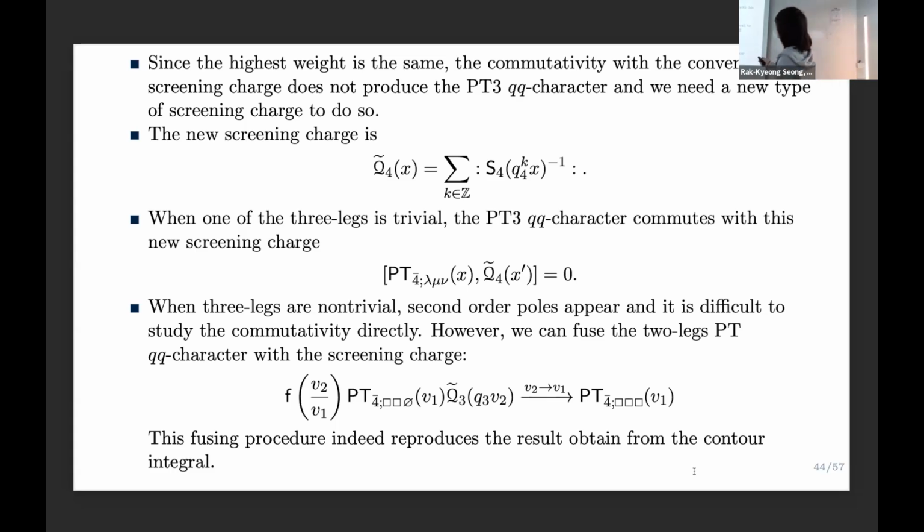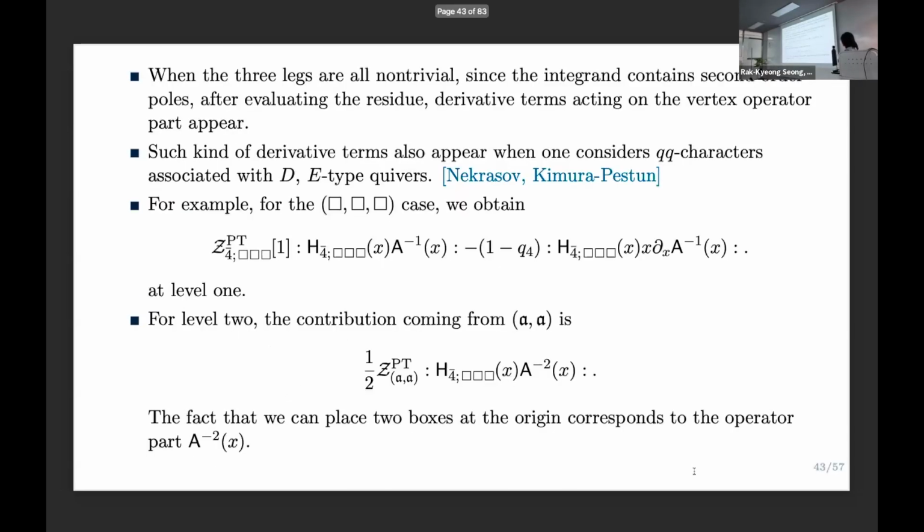So this one we don't know how to directly study the commutativity with. It doesn't commute. You have derivative terms, and we don't know how to organize all of these derivative terms.